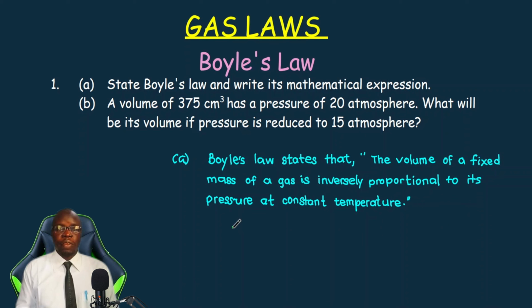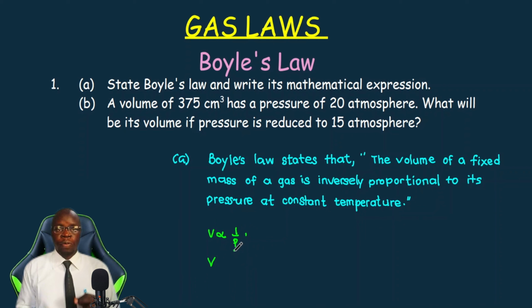We said Boyle's law states that the volume of a fixed mass of a gas is inversely proportional to its pressure at constant temperature. So the volume V is inversely proportional to its pressure. From here, we need to remove this proportionality sign.